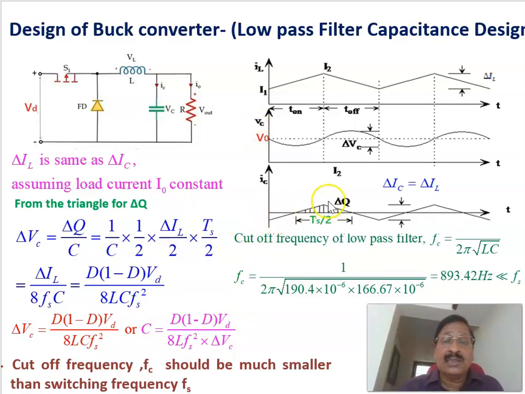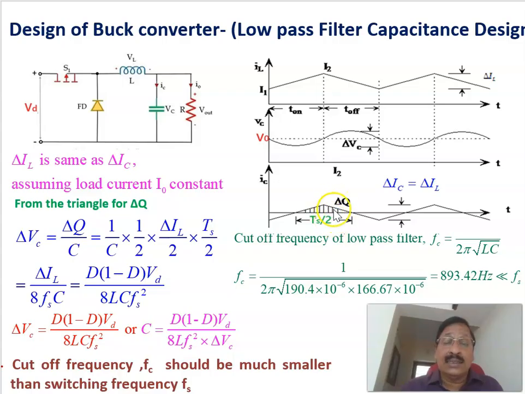This is the capacitor current with charging and discharging, and the product of capacitor current and time, this area, represents the charge, or delta Q. The change in capacitor voltage is because of this charge, shown as the shaded portion.